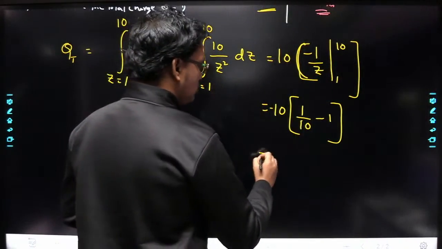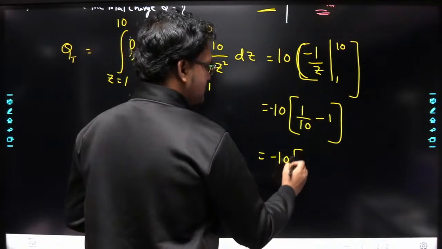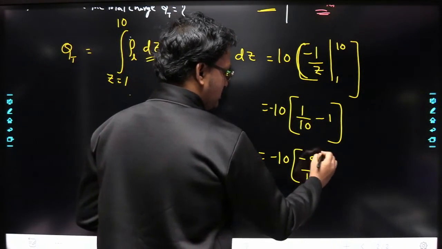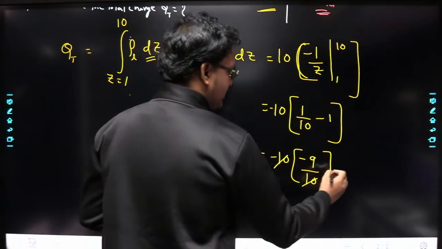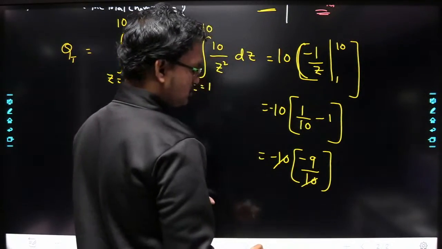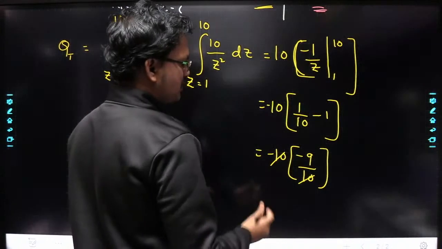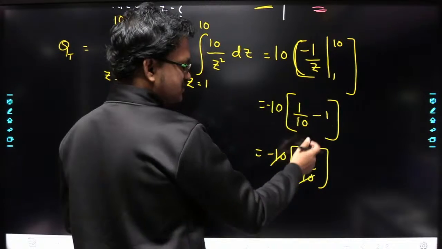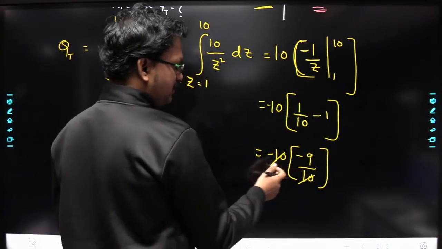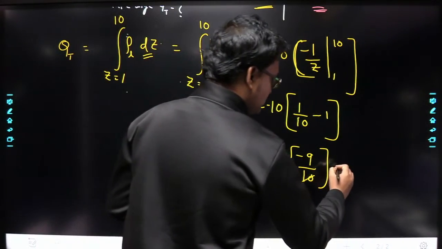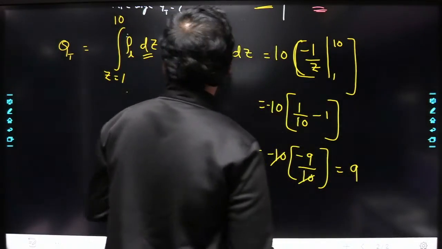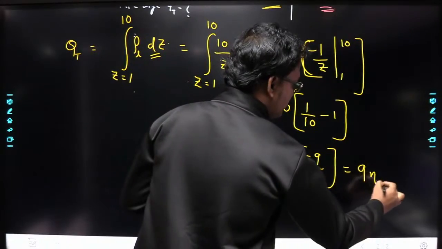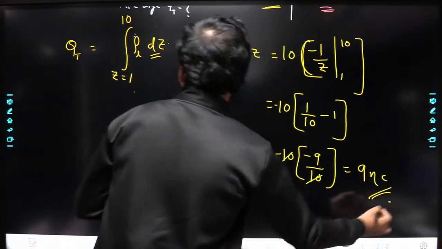So 1 minus 10 is minus 9, divided by 10. Here 10 will get cancelled. You are going to get 9 nano coulomb.